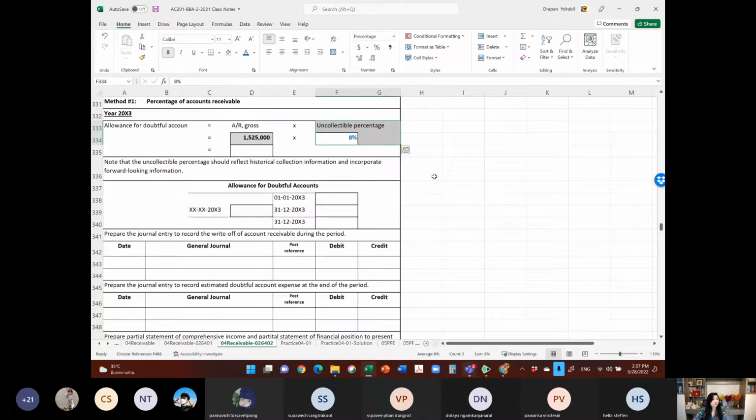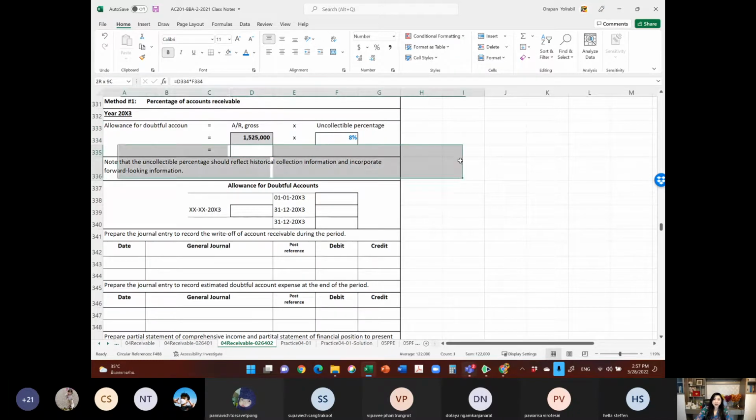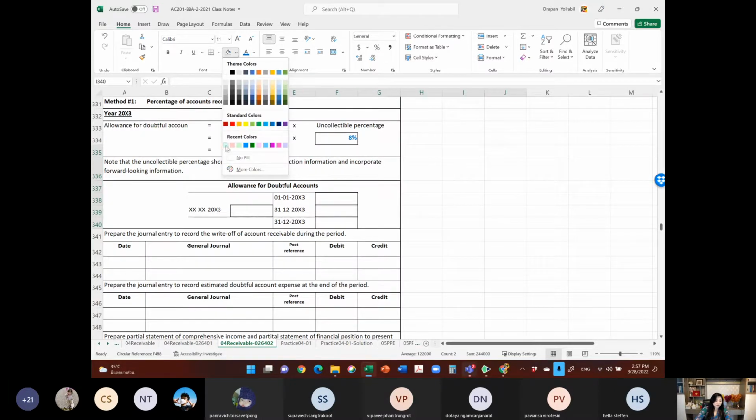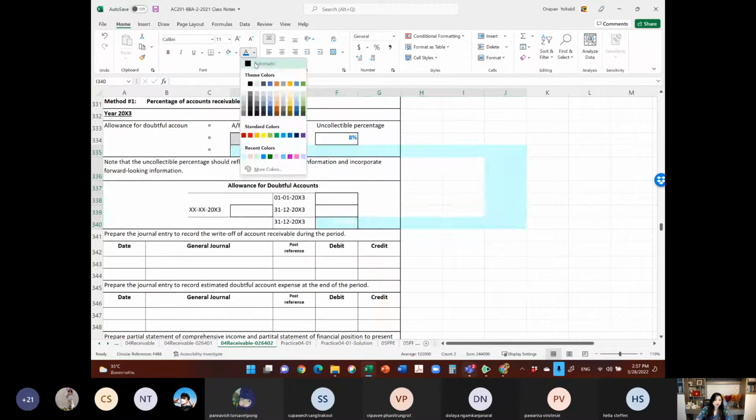As I said, this 8% can be changed, no worries. If you think that 8% is no longer appropriate, then you can change it to some other percentage, okay? Now, if you do the calculation, the result that you get is actually the ending balance, right?